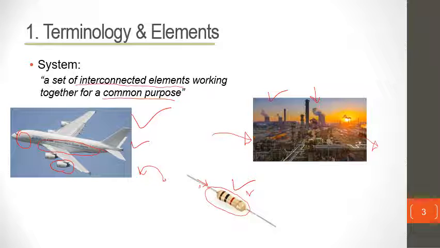What we learn here is that a system is simply a set of interconnected elements working together for a common purpose. It can be as big as a chemical plant, or as simple as a resistor, and in all of these cases, the system would be functioning with a single purpose.